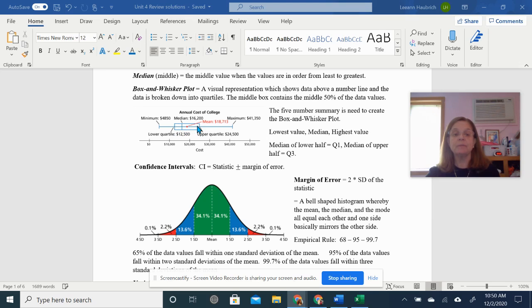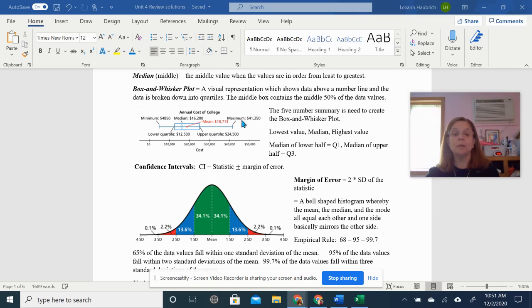Then the next 25%, you can see how wide this is spread out. This 25% is more spread out. So because this is wider than the bottom half, it would mean that the mean has to be higher than the median. And then the upper quartile is way up here.